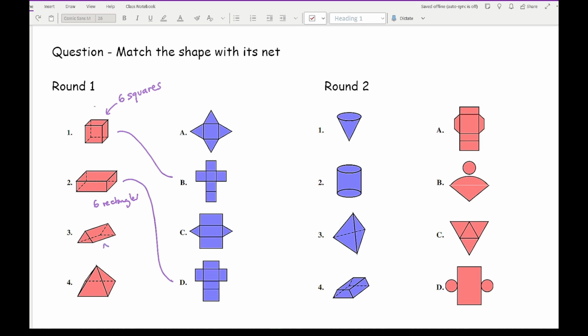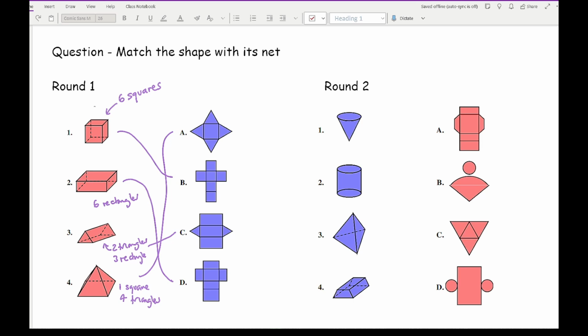So what I've got here is 2 triangles and I'm going to have 3 rectangles. And that's going to be option C. And then with 4, we've got a square-based pyramid in which I've got 1 square and I've got 4 triangles. And the only net that can be, and the only one that's left, is going to be A.